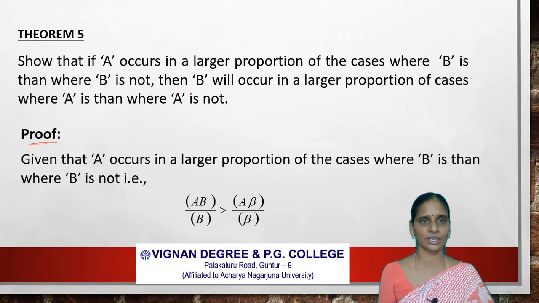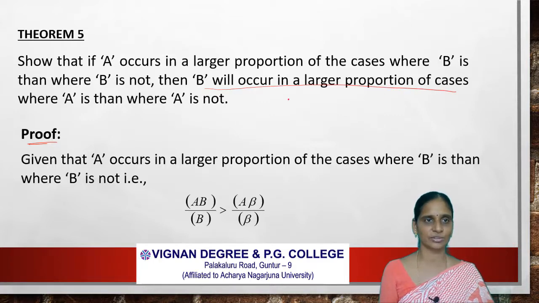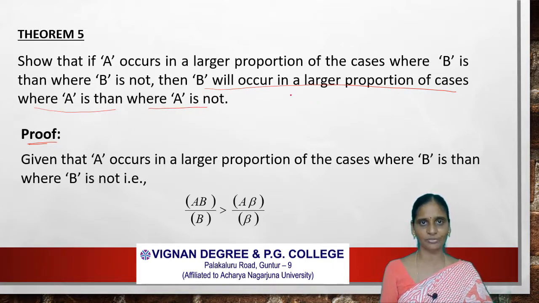Now we have to prove that B will occur in a larger proportion of the cases where A is than where A is not. So what is the symbolic representation of this statement?